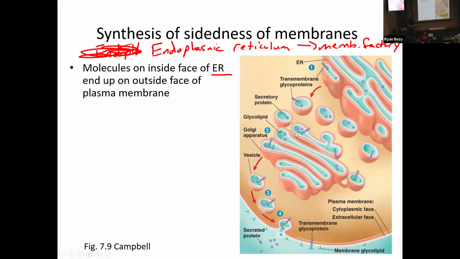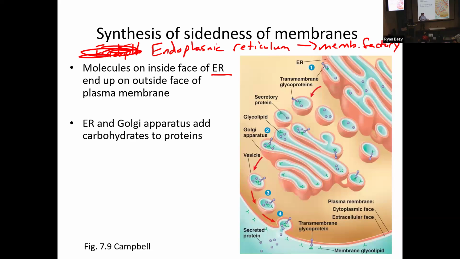Molecules that start off on the inside face of the endoplasmic reticulum end up on the outside face of the plasma membrane. The endoplasmic reticulum, as well as the Golgi apparatus, which we'll talk about a little bit later, add either carbohydrates or proteins to the membranes.